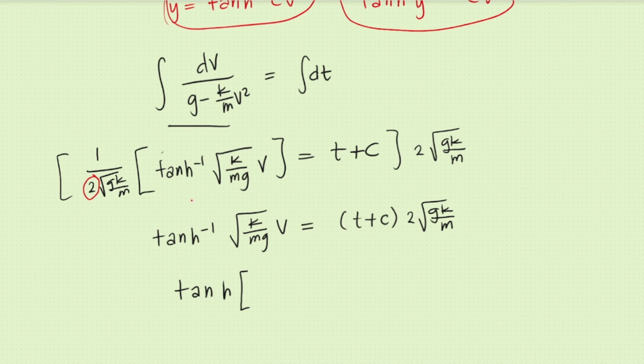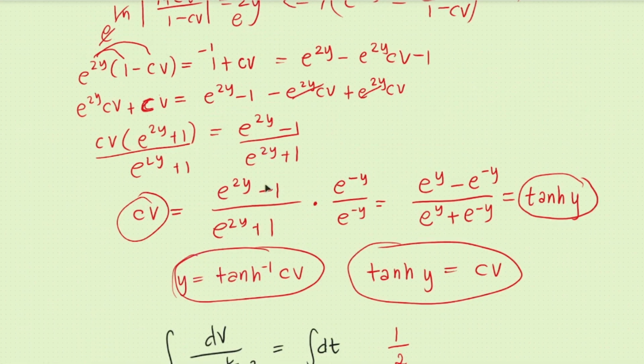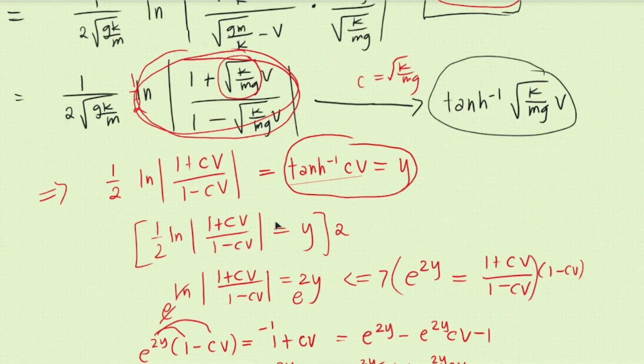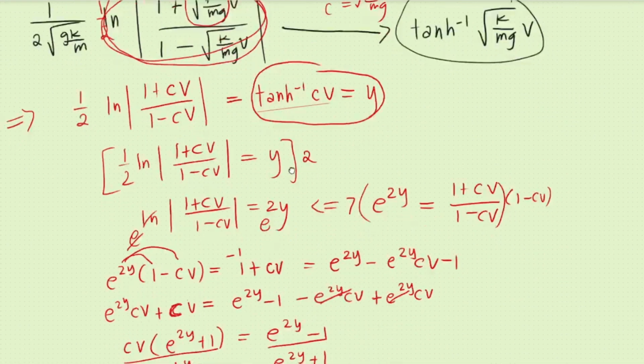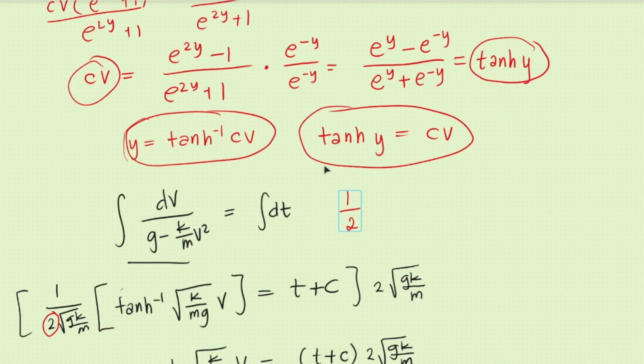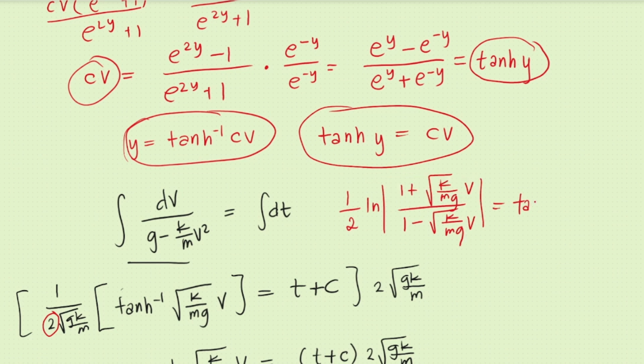So that actually is 1/2 ln of the absolute value of 1 plus square root of k over mg v over 1 minus square root of k over mg v, which is equal to the inverse hyperbolic tangent of square root of k over mg v.